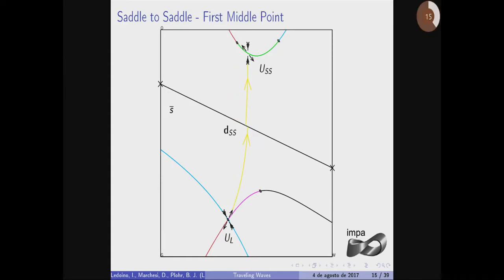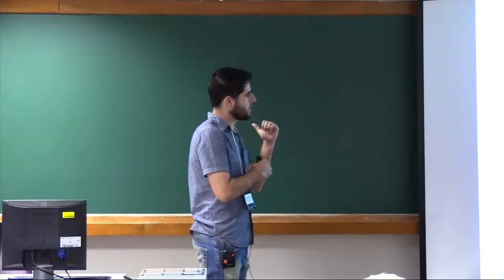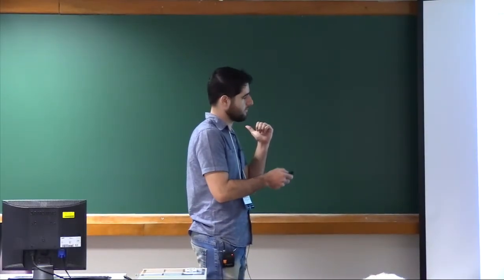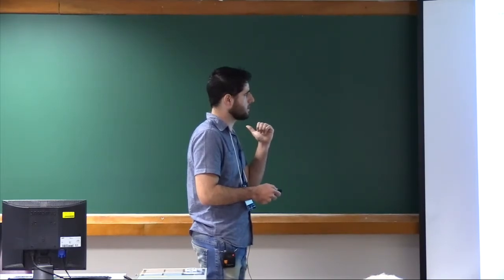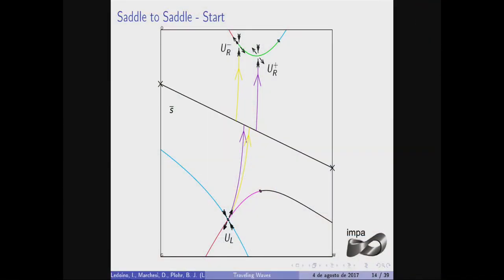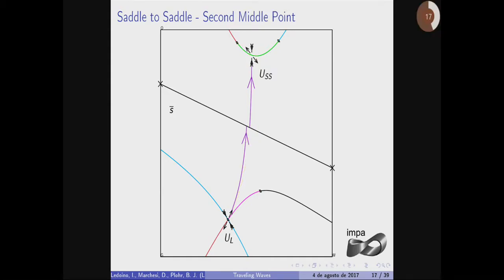When we do that, we draw again the invariant manifolds. We get another difference vector, and now this vector points to the left. So because it points to the left, we eliminate the last UR, whose direction vector pointed to the left, and we have now a smaller set of points to deal with. And we go on one more time.